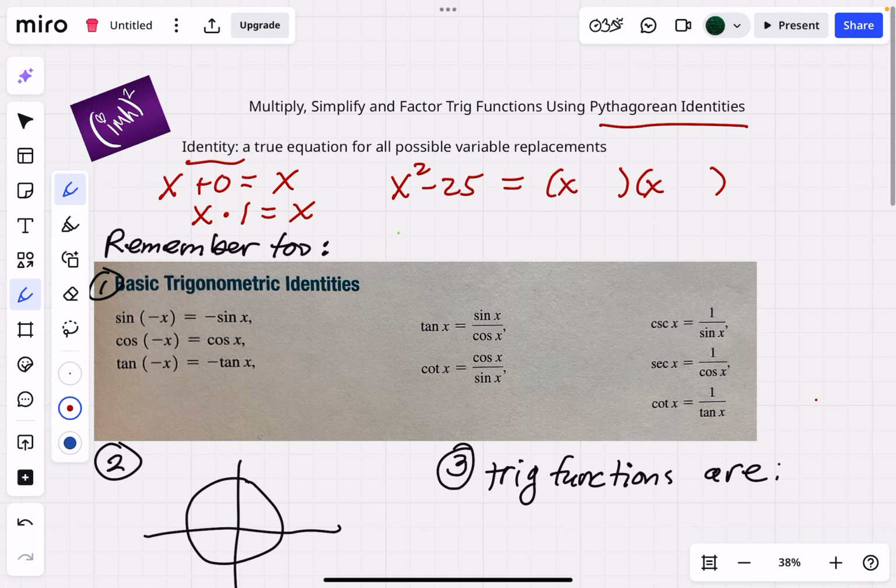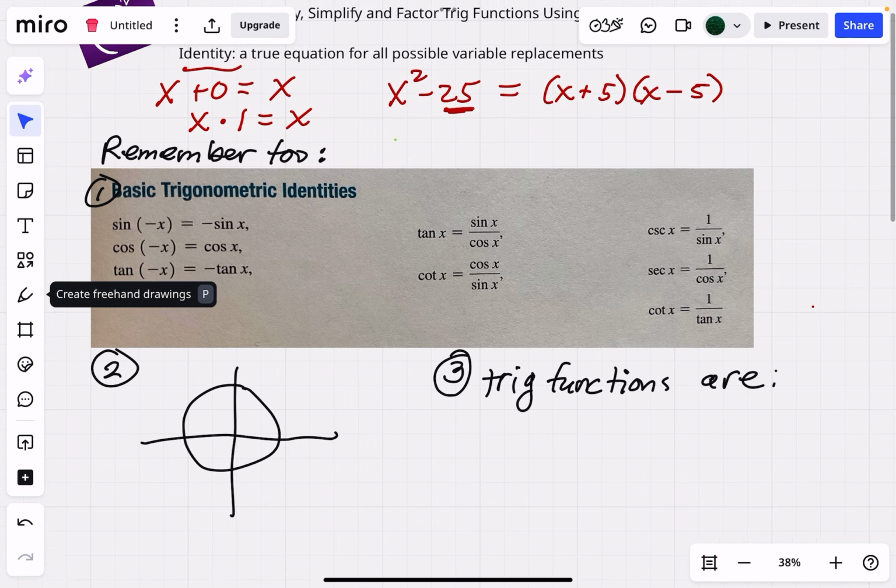So the root of x squared is x, the root of 25 is 5, and I add them together and subtract them, and their product will be x squared minus 25 if you multiply that out. Those are equivalent expressions. It's an equation that's always true, no matter what I replace the x with, and no matter which perfect square that is.